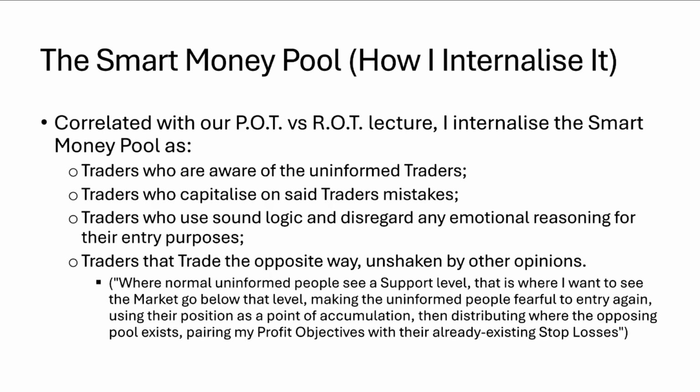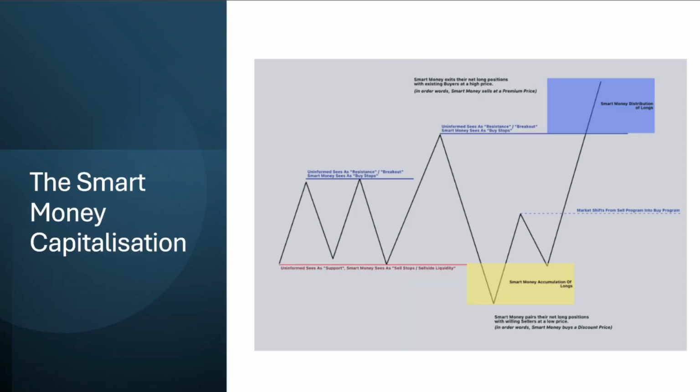So I am actually going to cannibalize all of these people and all of their money, use their positions, and then exit at an already existing opposing stop loss to my entry.